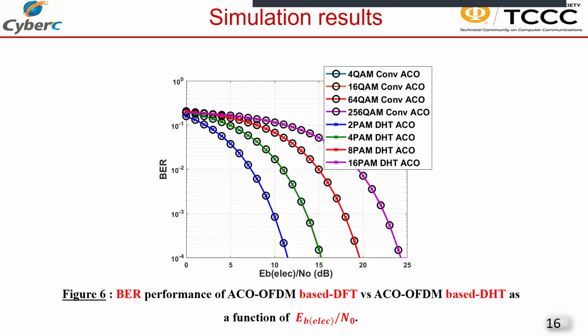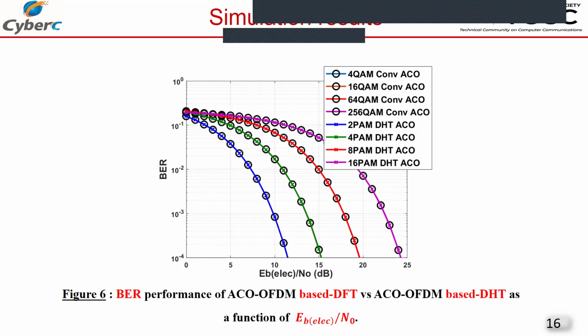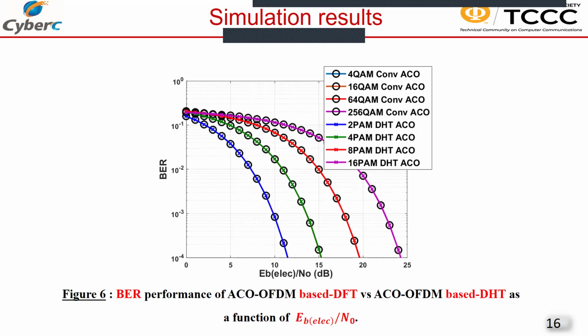Moreover, at a fixed Eb to N0, we observe that the BER deteriorates when constellation size increases. Hence, we showed, as many authors did, that ACO-OFDM based on discrete Hartley transform can achieve similar BER performances as conventional ACO-OFDM, but with low power consumption.